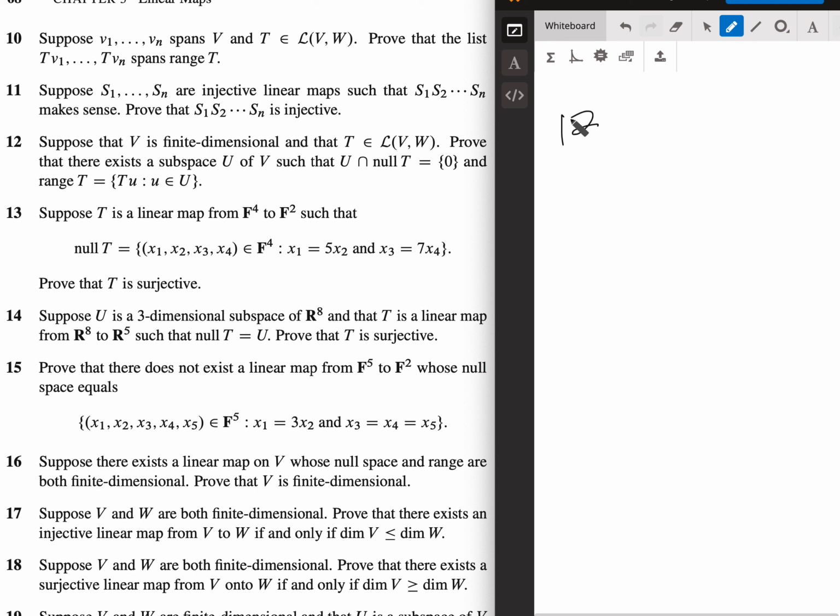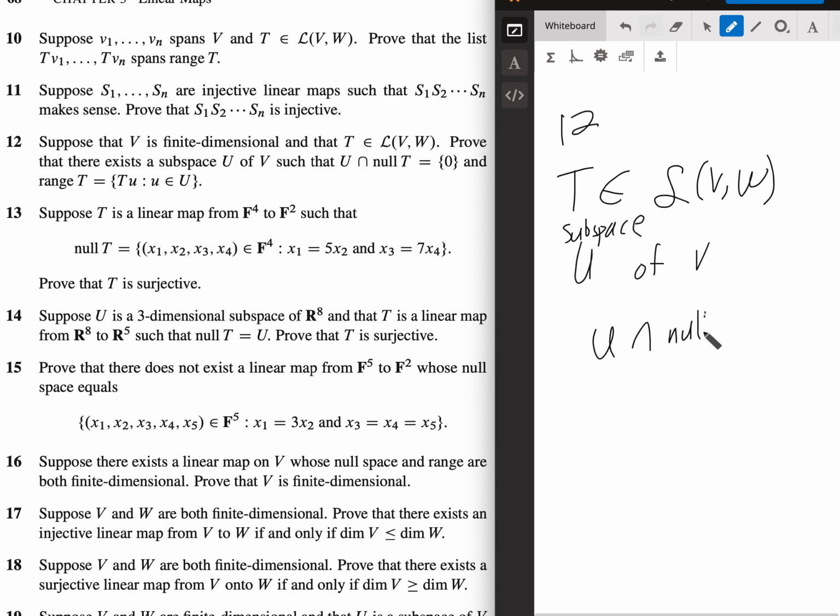So question 12. Suppose V is finite dimensional and the linear transformation T is an element of the linear transformations from V to W, and prove there exists a subspace U of V such that U intersect null T is 0, and then the range of T equals T applied to U. I think this is just some gibberish.